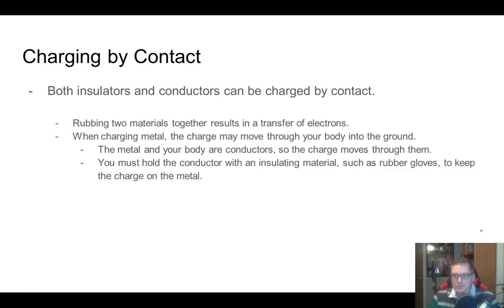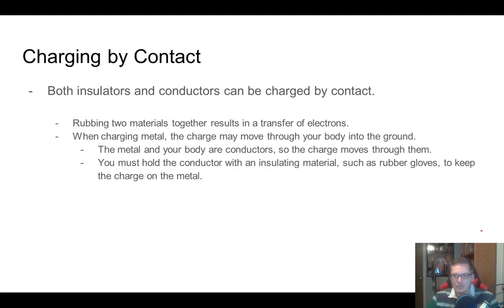All right. So insulators and conductors can be charged by contact. We're going to talk about 2 different ways to give things charge. Now, we've already talked about charging by contact with the balloon and the hair. When you take these 2 materials and rub them together, you get a transfer of electrons. So when you're charging metal, the charge may move through your body into the ground.